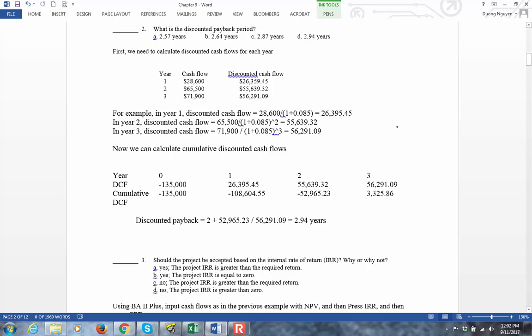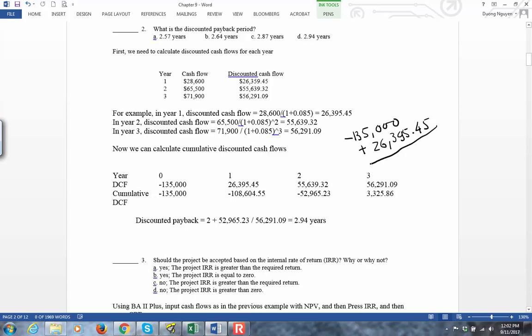Let me show you. So you have negative 135,000. Okay, that is at the beginning. You need to recover. After year 1, you had an amount equal to 26,395.45.